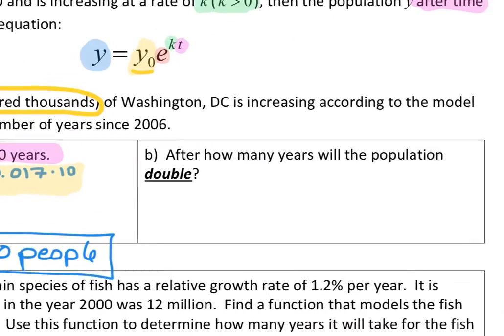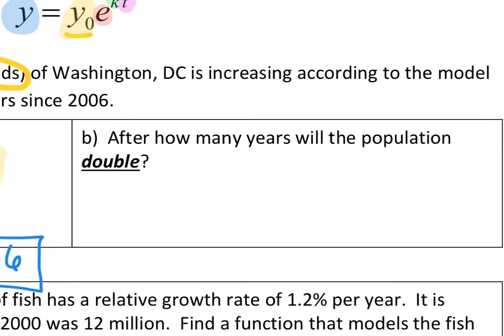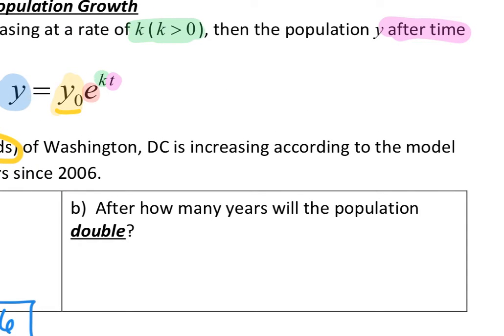Now, in letter B, it's asking how many years will it take for the population to double? Well, if the population started at 5.8, double is times 2. Do it.